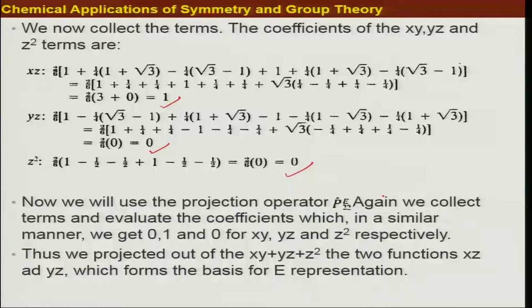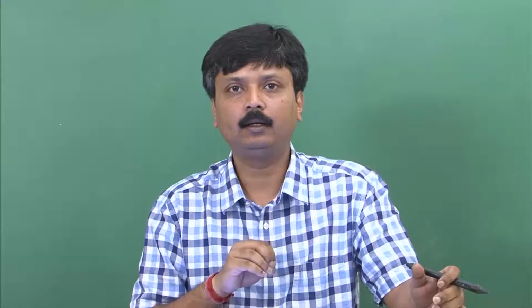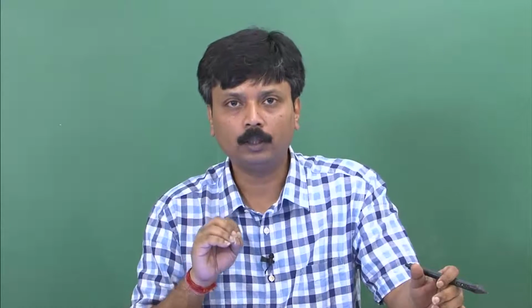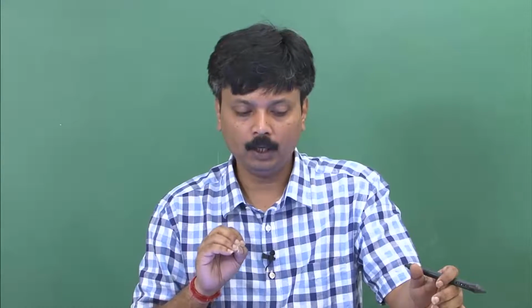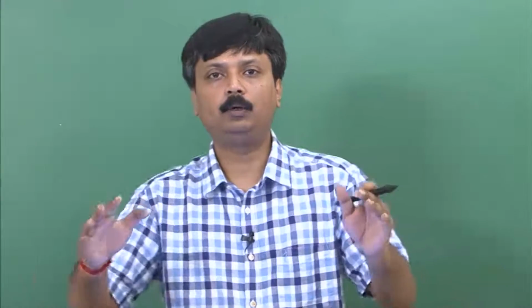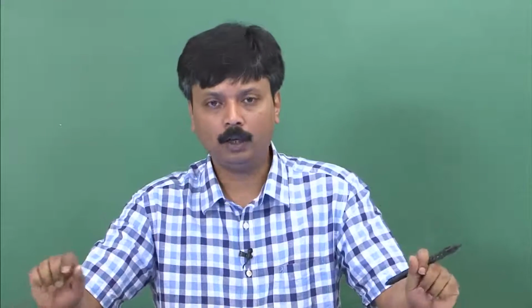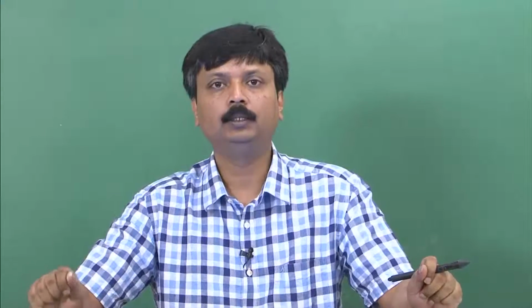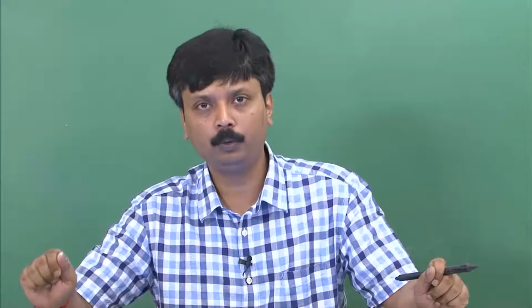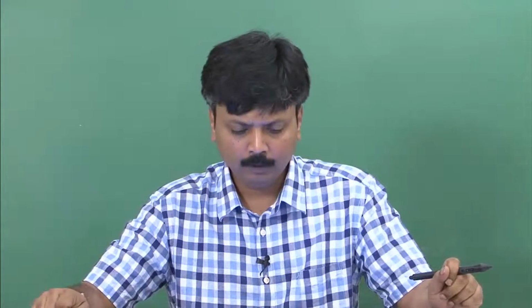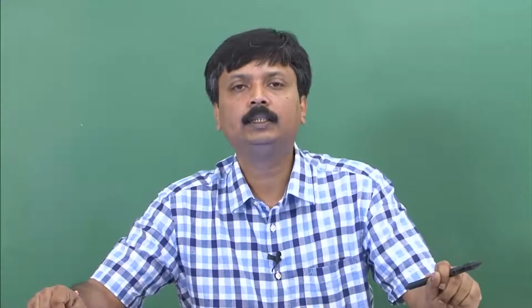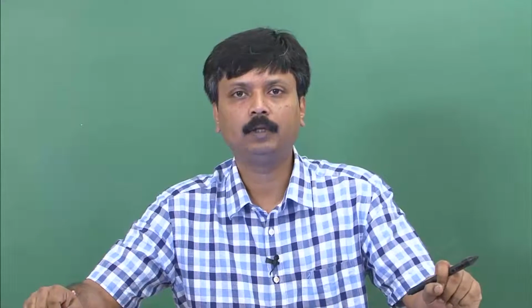That means when we apply P22, it projects out this yz that can form the basis for the representation E. Okay. So now if we compile the total result, that we have a complete set of projection operators, meaning P11 and P22 for the representation E, altogether it is giving us xz and yz.